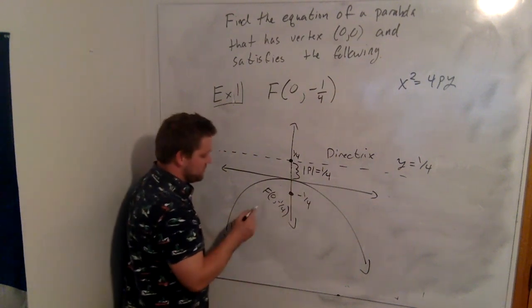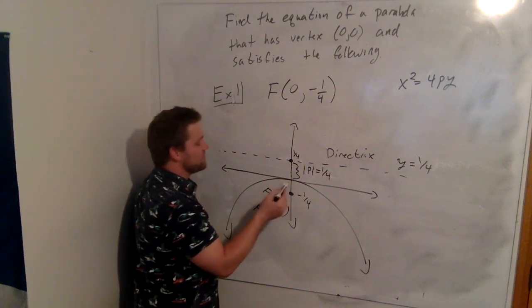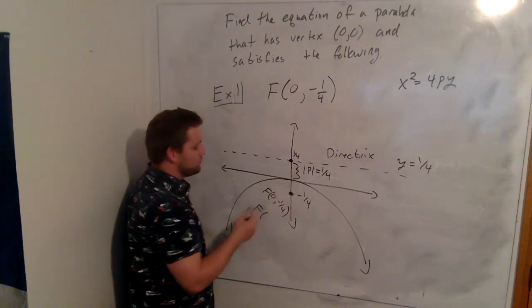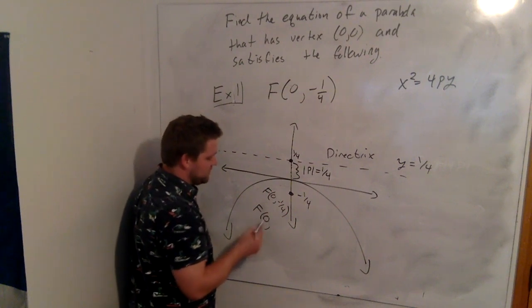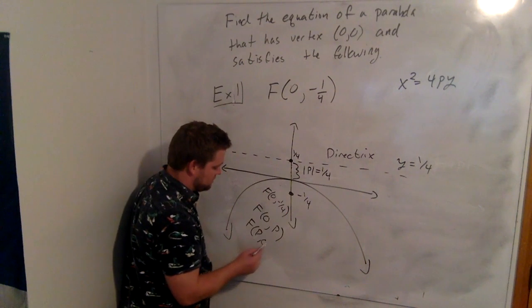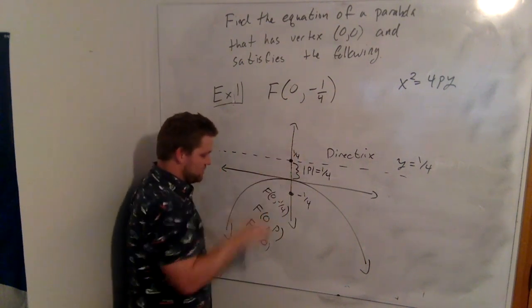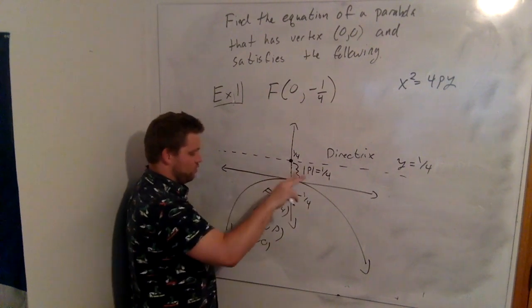We can almost read it. If the vertex of the parabola is at the origin, the coordinates of the focus will either be 0, p or p, 0, depending. This would be the situation where the parabola is up or down. This will be the situation where the parabola is either left or right.